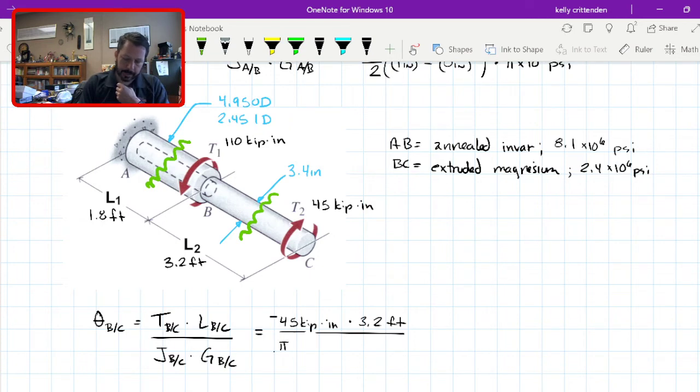J is pi over 2 times, this one is solid, so it's only c to the fourth, which is 3.4 inches over 2 raised to the fourth power. There is a version of this equation where you can use diameters to the fourth, and you'll see that a lot in shaft type equations.